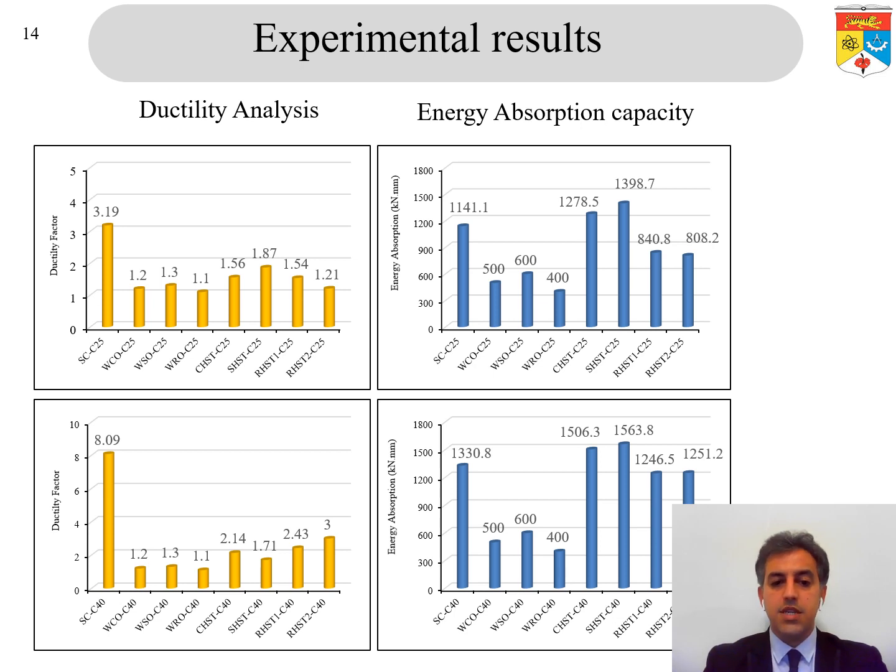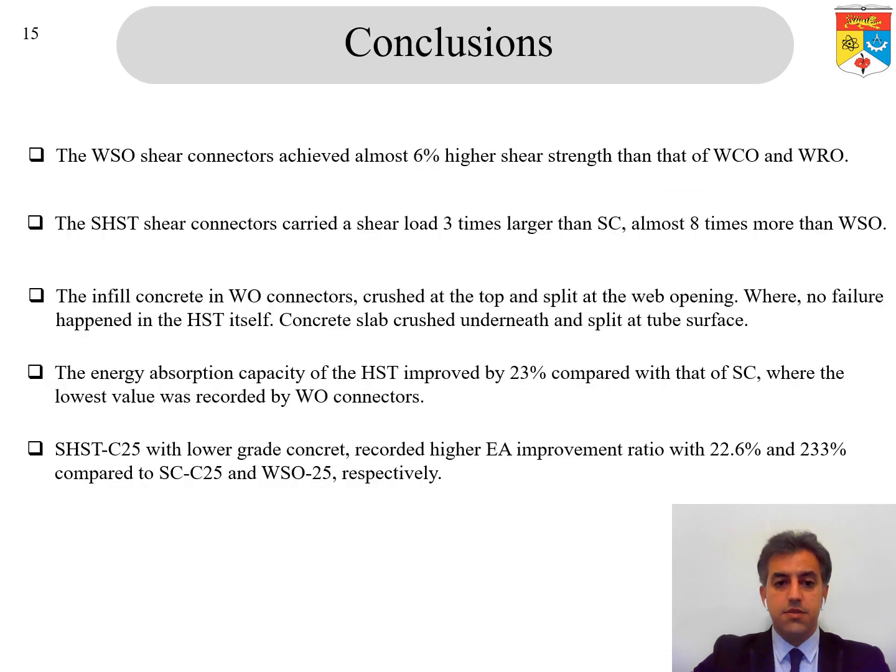In all cases, the web opening connector records the lowest ductility index and EA capacity among all other shear connectors. The conclusion of this research is that the square shape of web opening shear connector achieves almost 6% higher shear strength than the circular and rectangular shapes.